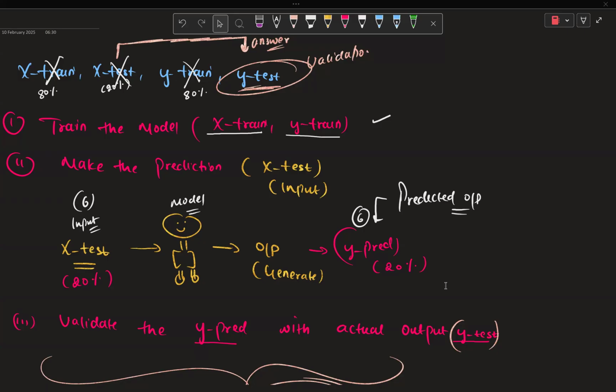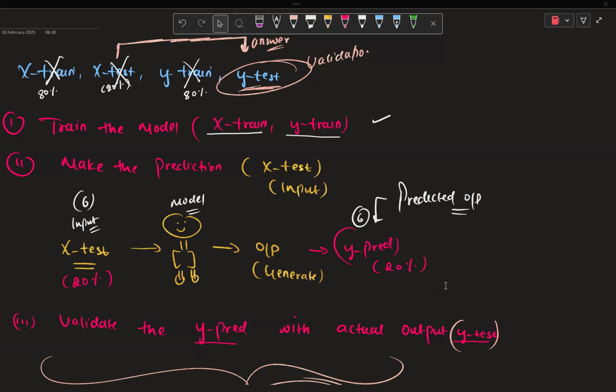Yes, correct. We predict on the 20% one. And it is generating some output, and we need to check whether that generated output is correct or not. That is nothing but Y predict, which is 20%. Right, thank you.